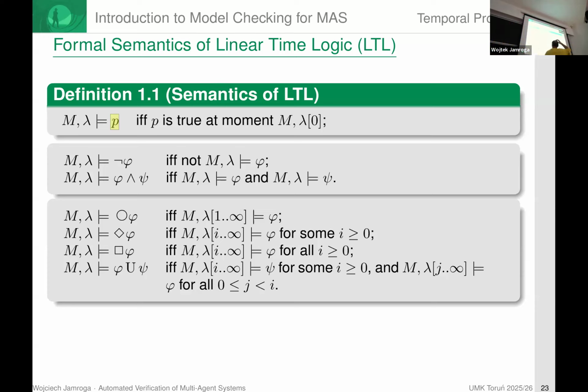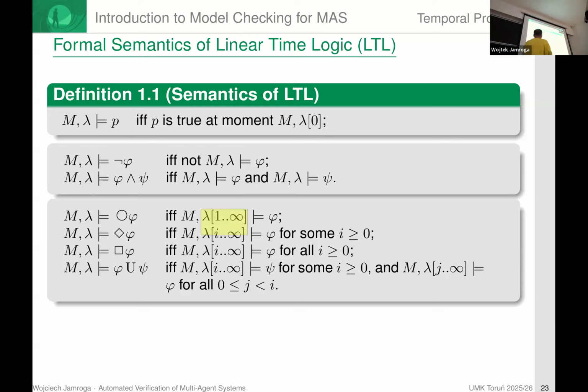So basically, if we are asking, is not phi satisfied in a given model and at the beginning of a given path, then it's basically checking whether phi holds and flipping the answer. And then the temporal operators are basically evaluated by somehow changing the path which is in the context on the left-hand side of the satisfaction relation.